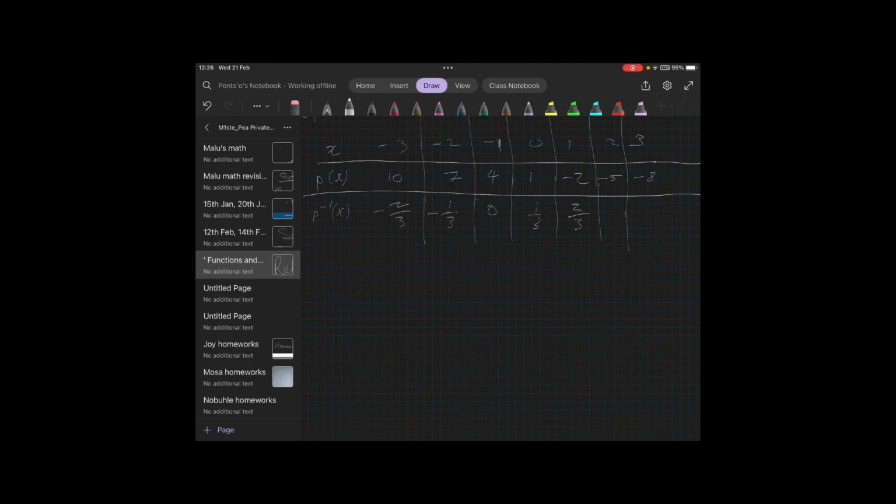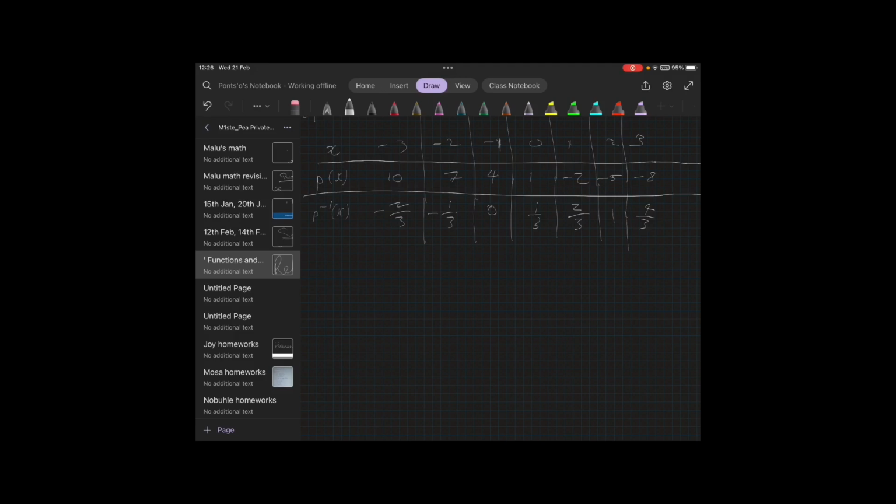Okay, so I'd written it correctly. Okay, cool. Then when x is 2? 1. Okay. And when x is 3? 4 over 3.